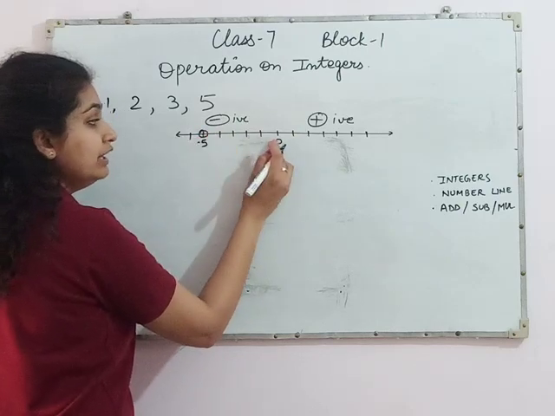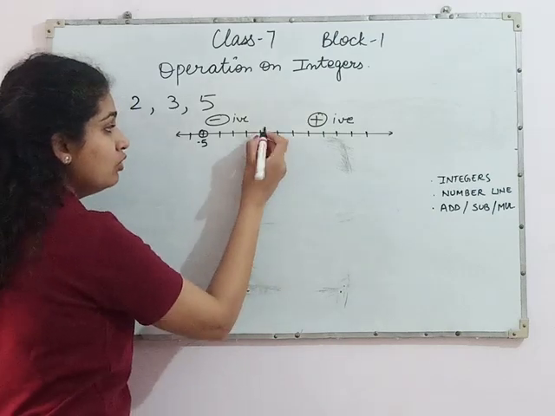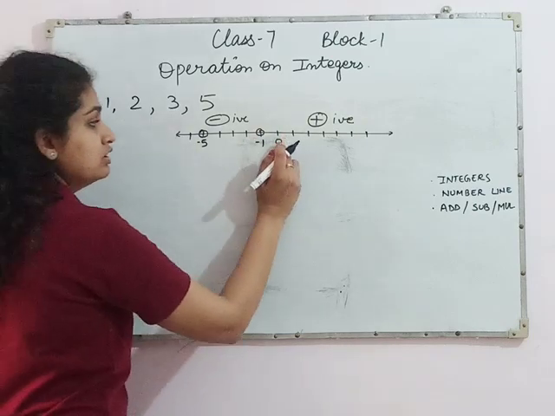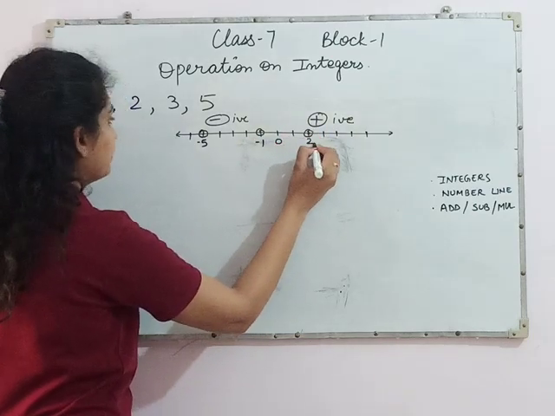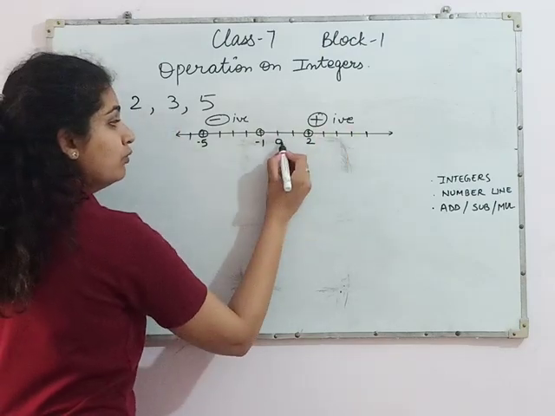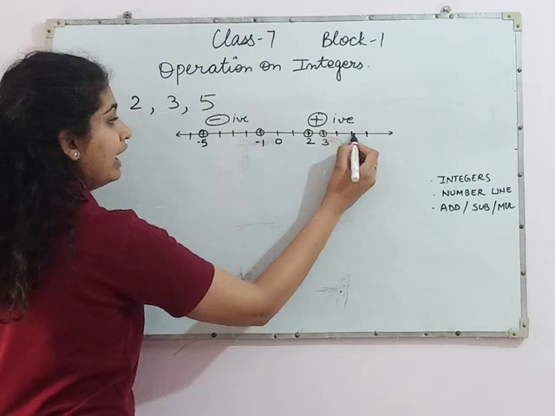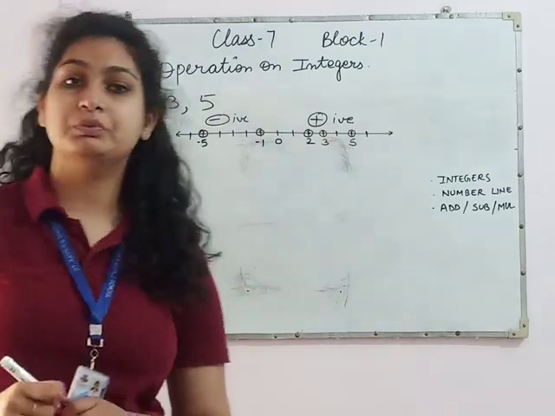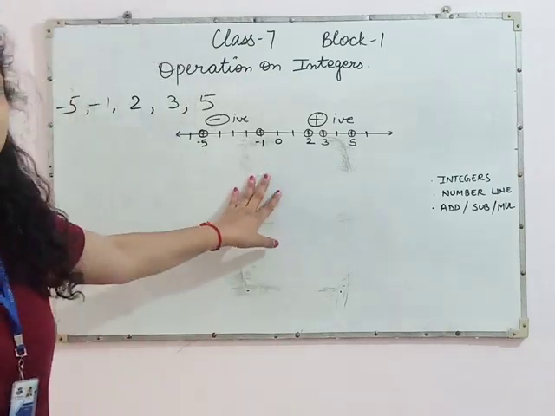We are counting next to the 0. -1, 0 and -1. Then 0, 1, 2, 3, 4 and 5. So this is how we are going to represent negative and positive numbers on the number line.